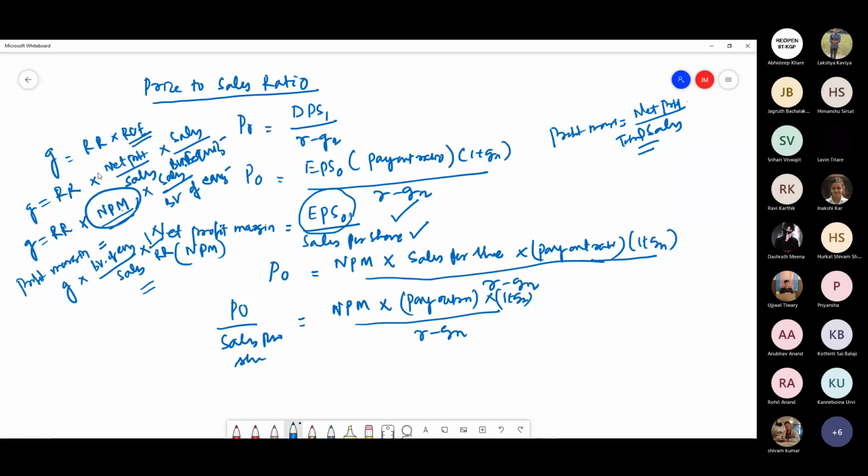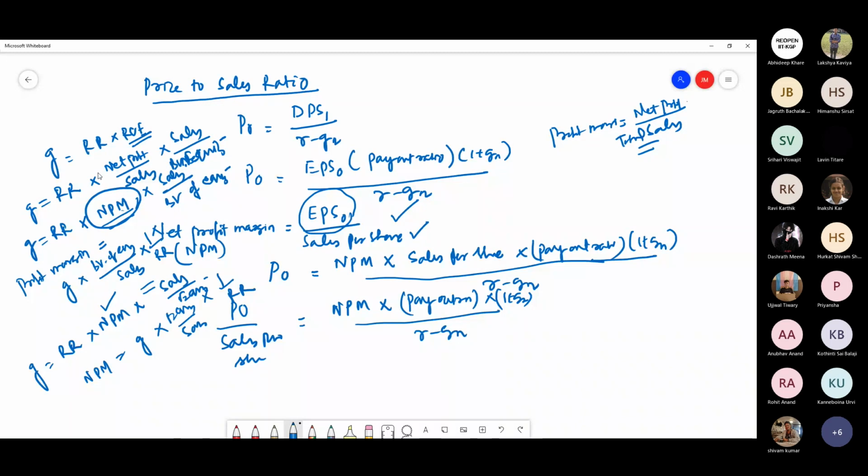Are you getting my point? g is equal to RR into NPM into your sales by equity. So if I keep NPM here, I'll take all these variables to the other side. Then I'll just write g into, it will be reversed, equity upon sales divided by 1 by RR. You got it or not? Yes, sir.